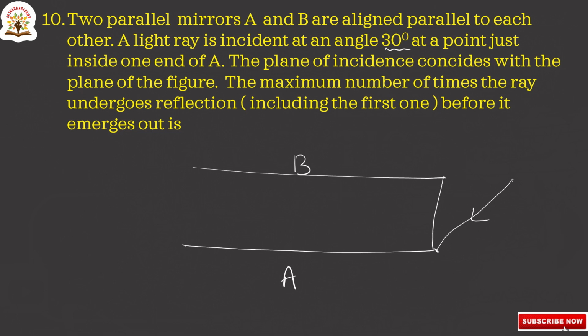This is the angle of incidence, 30 degrees. Here the distance is 0.2 meters and this length is 2 root 3. Now let us go to the solution.